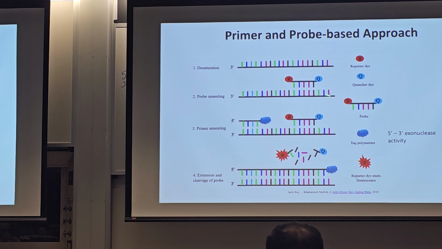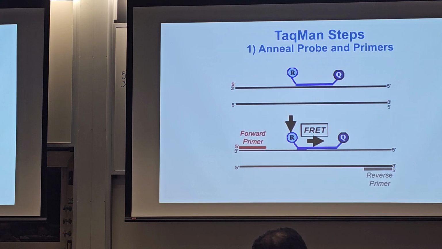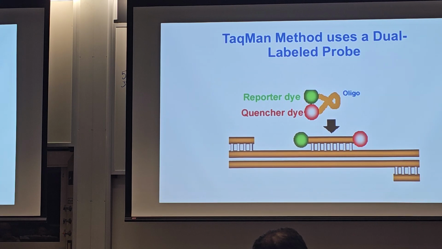Any questions about this? So the method by which we're getting a signal here is fluorescence, but it's involving this third molecule, this probe. Let me go back to this one. So we're getting specificity of this PCR from both primers, but now we're also getting specificity from the probe.